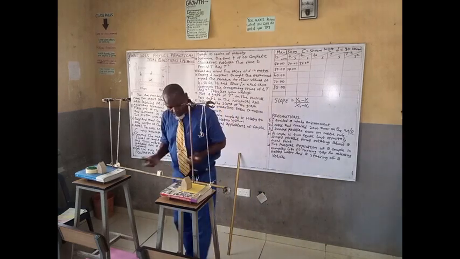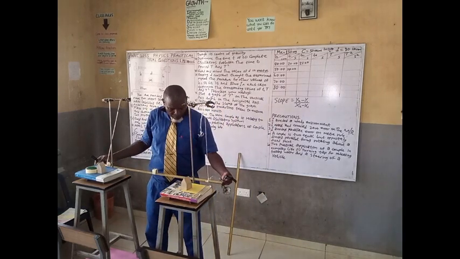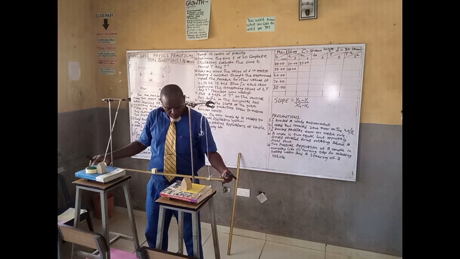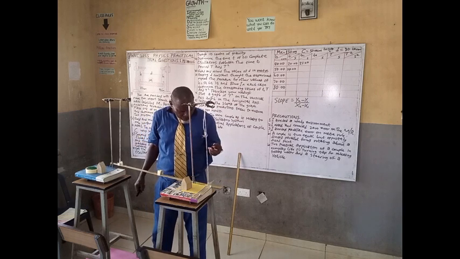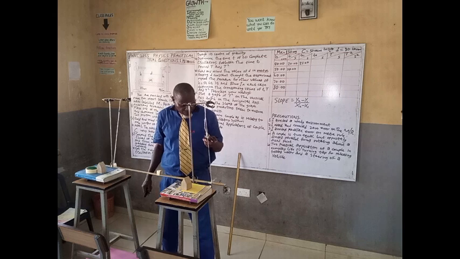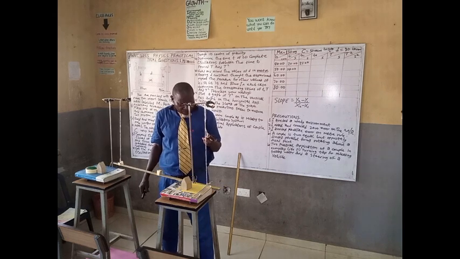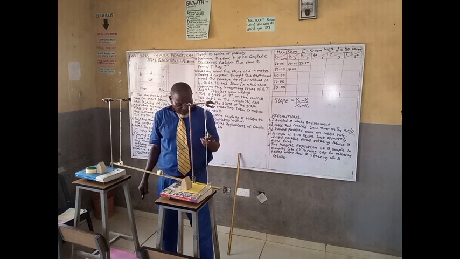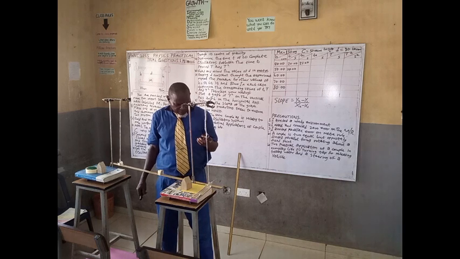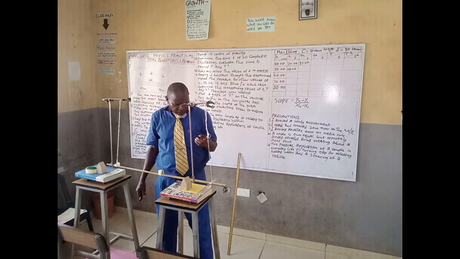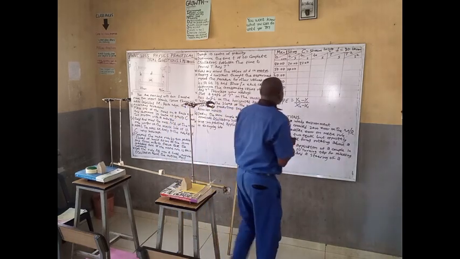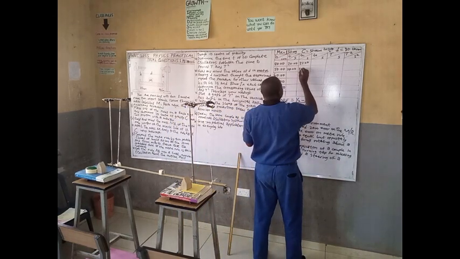For the second one, one, two, three, up to 20. This time around is 25.